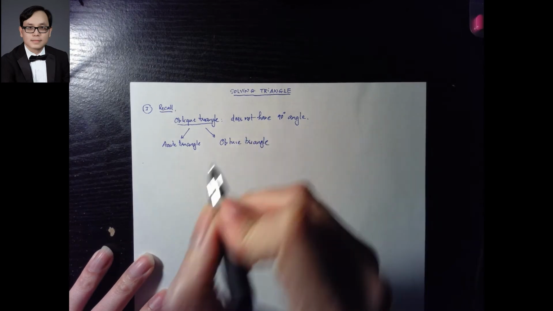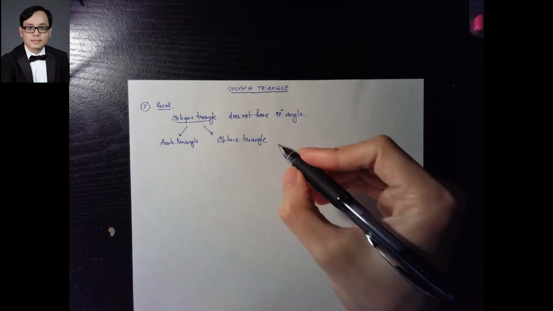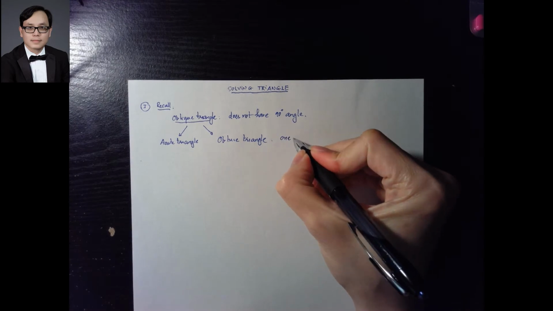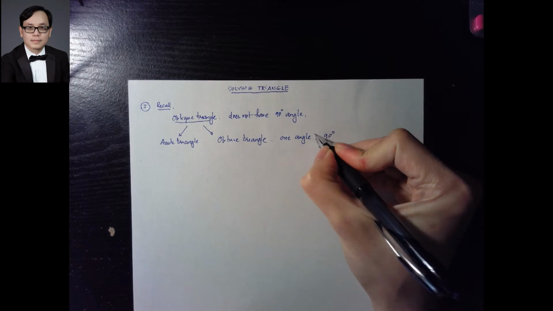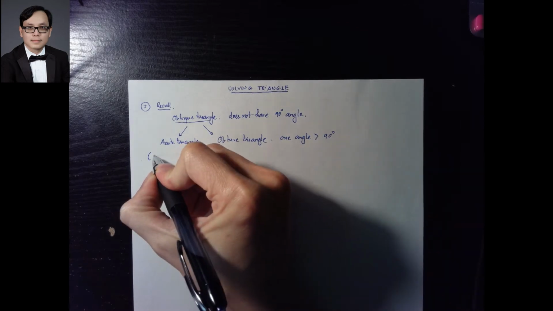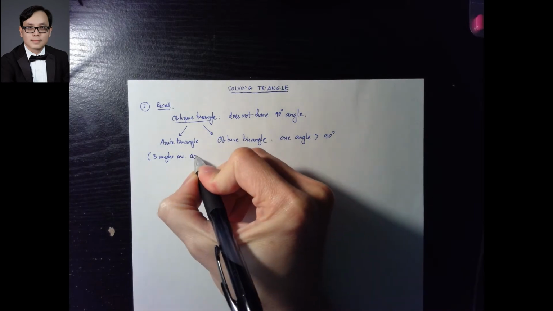An acute triangle is a triangle whose three angles are all acute angles. An obtuse triangle has one of the angles greater than 90 degrees.